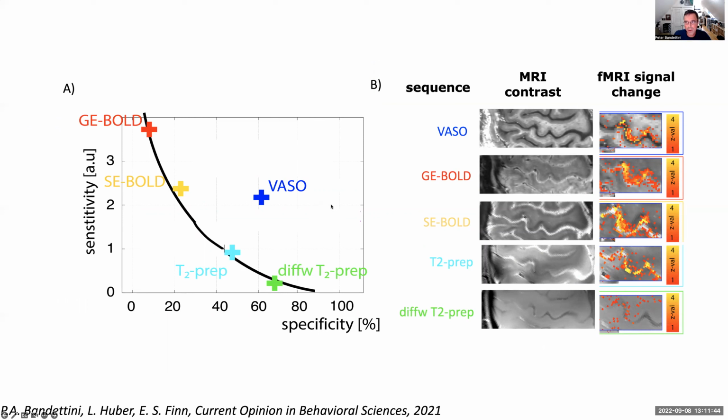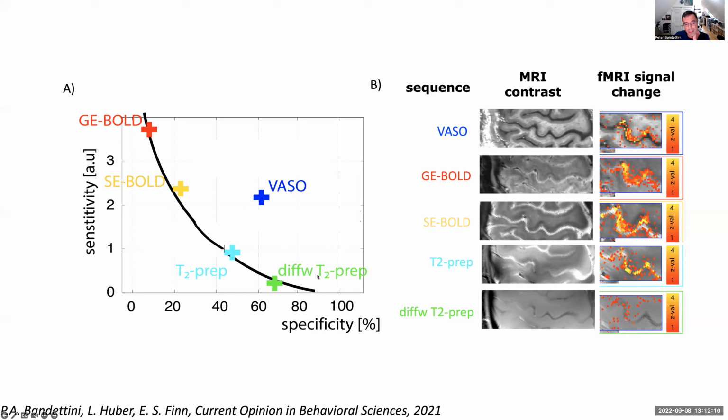basically showing that if you track sensitivity versus specificity, and he had specific measures of how sharp these profile curves were, and then how high amplitude they were, you get BOLD, which is great in terms of sensitivity, very non-specific. And they all seem to fall upon this sort of curve.